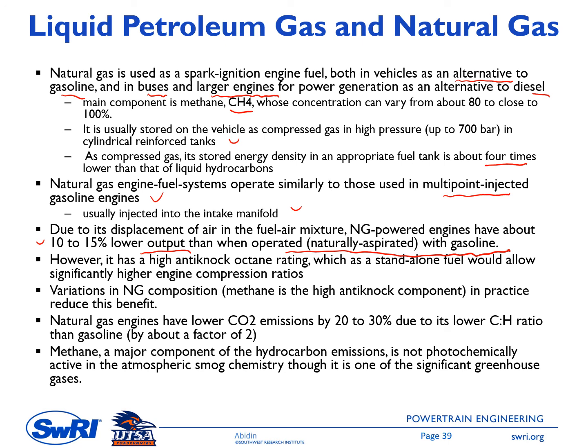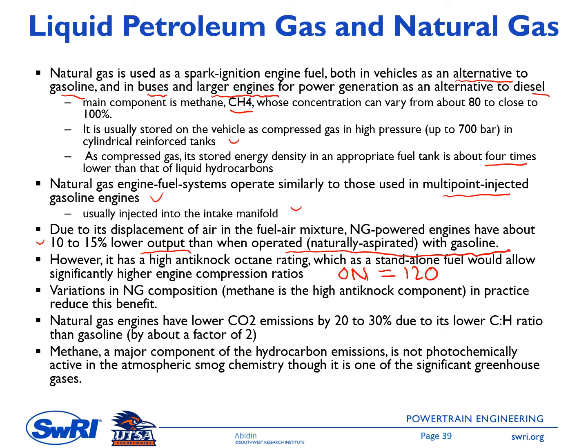However, natural gas has a high anti-knock octane rating, which as a standalone fuel would allow significantly higher engine compression ratio. So natural gas octane number can be up to 120. Gasoline has octane number 90, 92, 95. Okay. So because of this higher octane number, we can design an engine with natural gas with higher compression ratio.